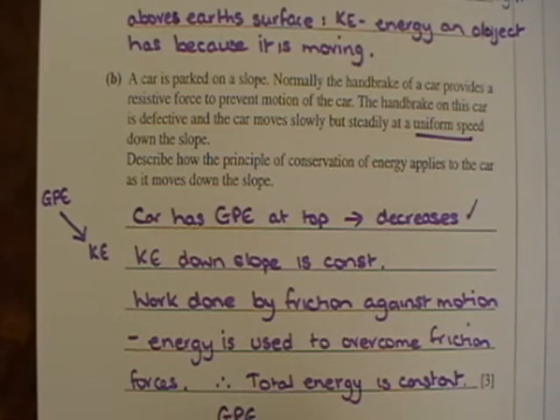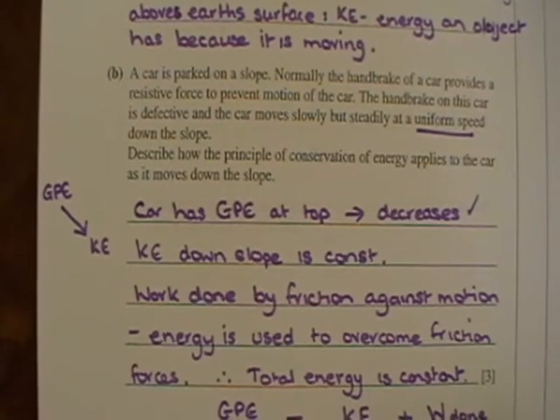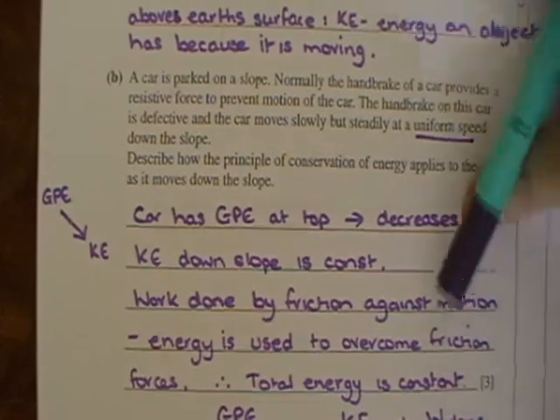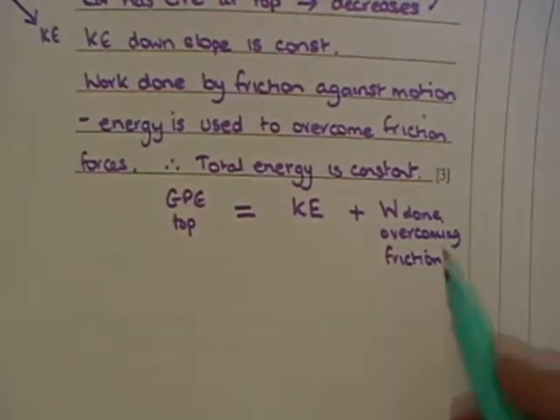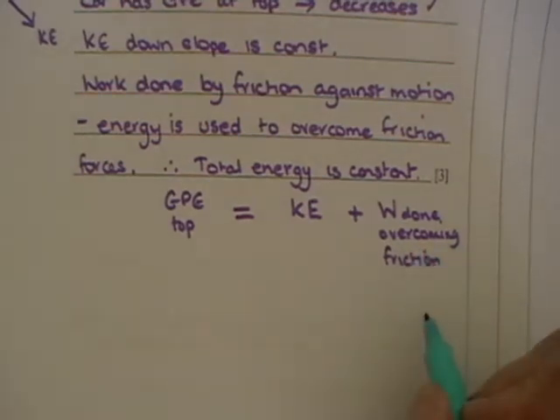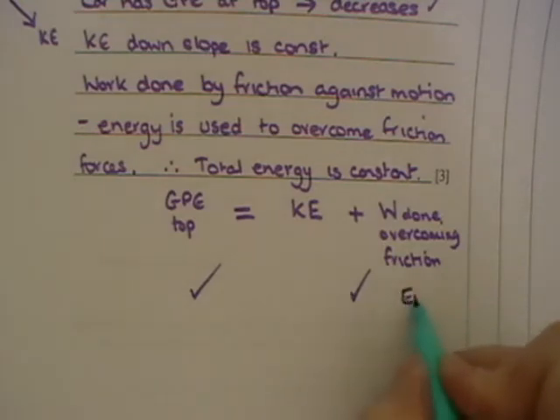So the total GP at the top is equal to the kinetic energy plus the work done overcoming friction, or work done by frictional forces. It's fine. So that's your total. Your energy has been conserved.